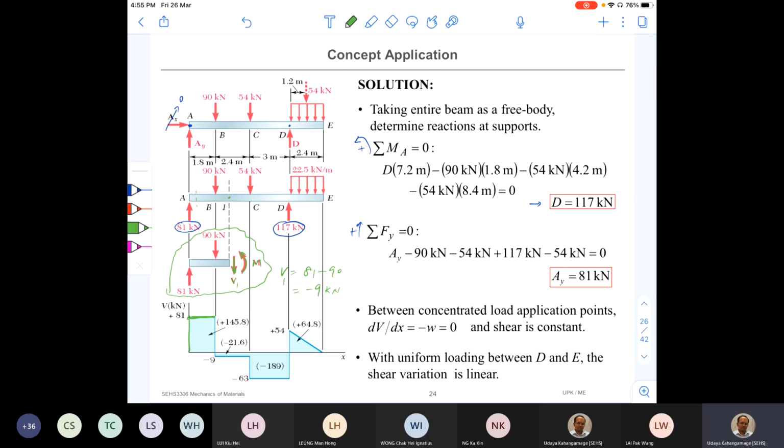That means just after B, shear force becomes minus 9. Sudden change, discontinuity, right? And it remains the same up to point C, C minus.